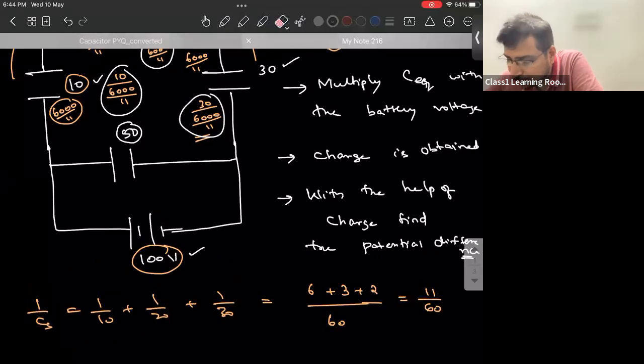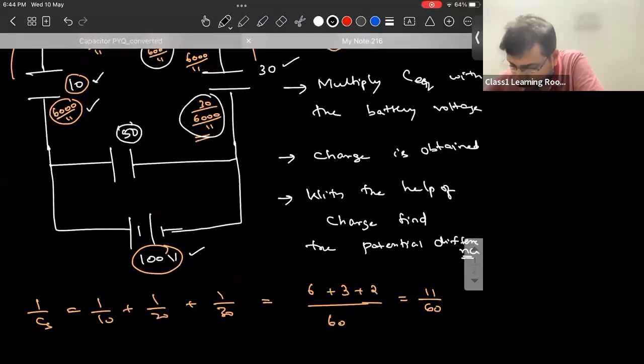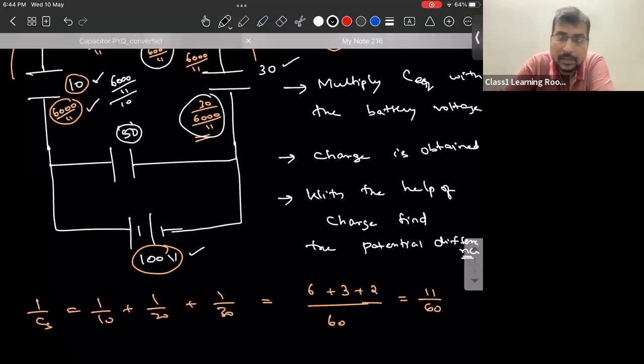Actually, I think I made a mistake. Wait. This is potential, this is capacitance. Sorry. 6000 by 11 into 10 power. Try to understand, it's charge divided by potential, so it is a reciprocal.